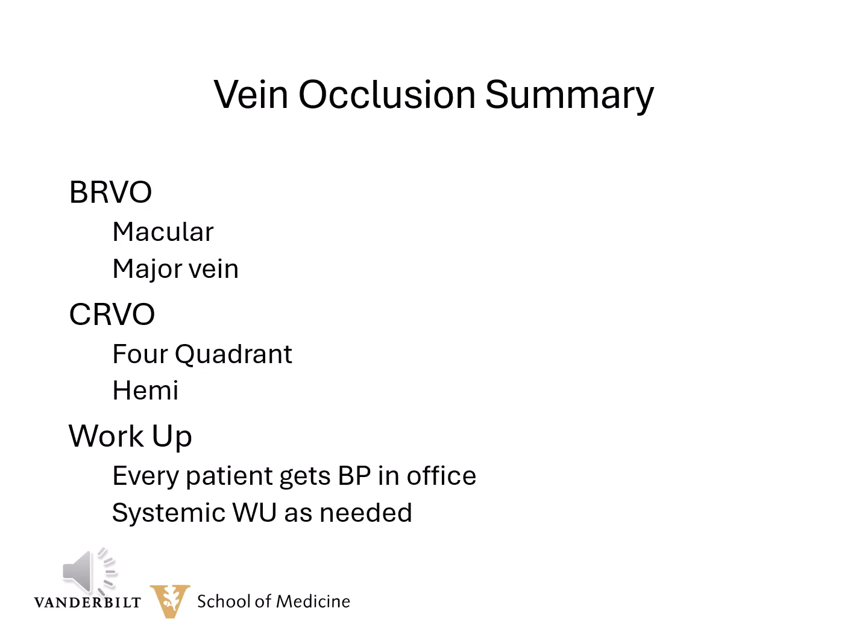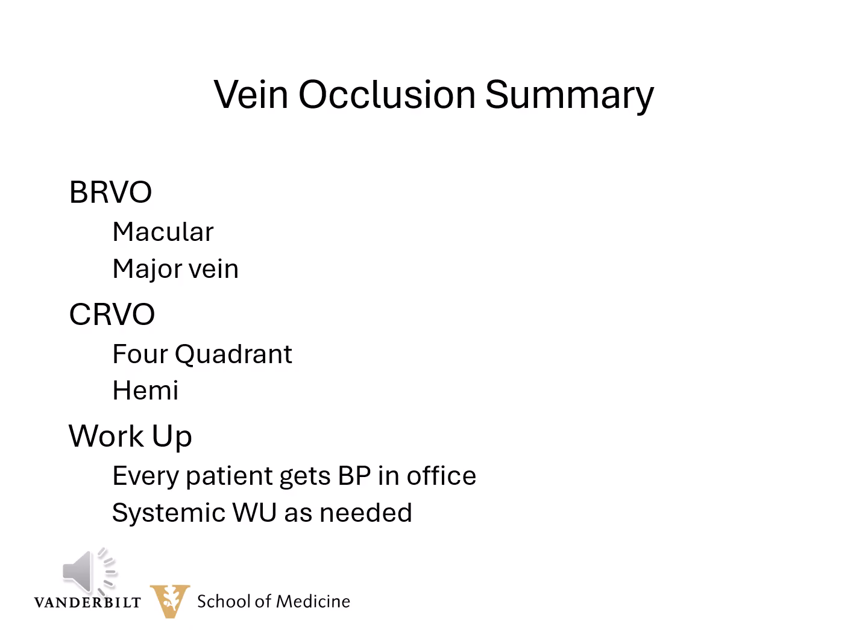So, in summary, branch retinal vein occlusions have hemorrhages that are generally wedge-shaped, and the apex of the wedge points towards the site of the vein occlusion. They can be macular or a major retinal vein. Central retinal vein occlusions can either be 2-quadrant or 4-quadrant.